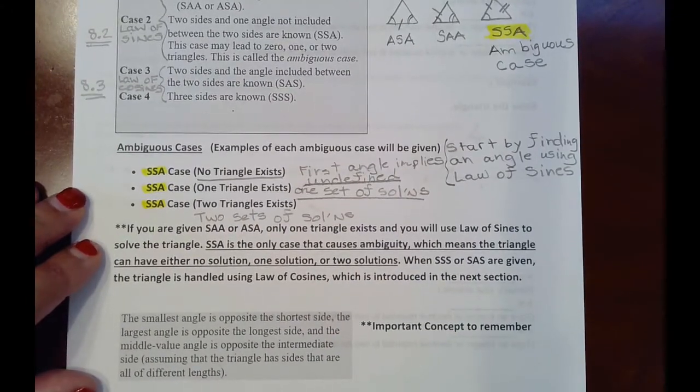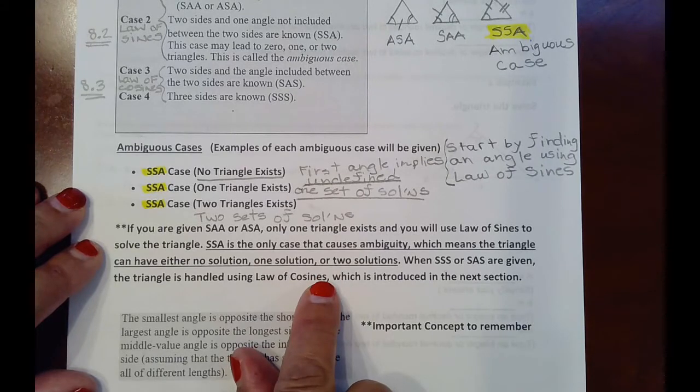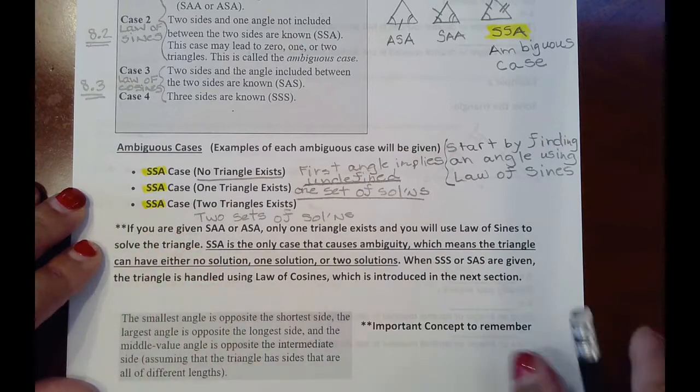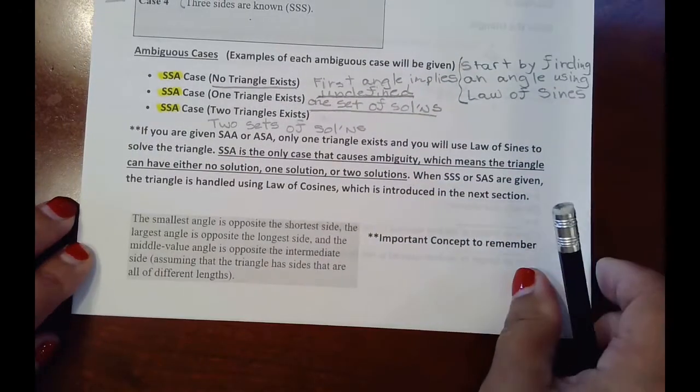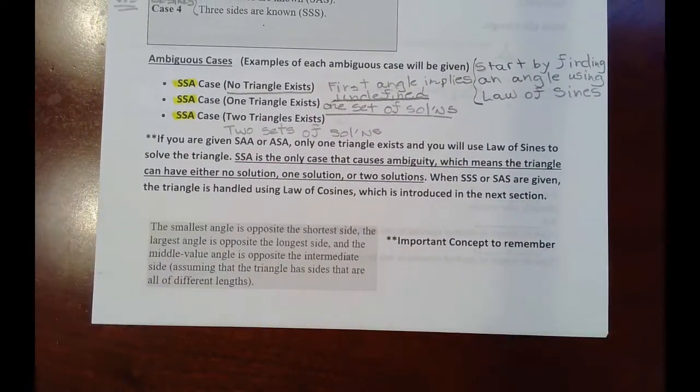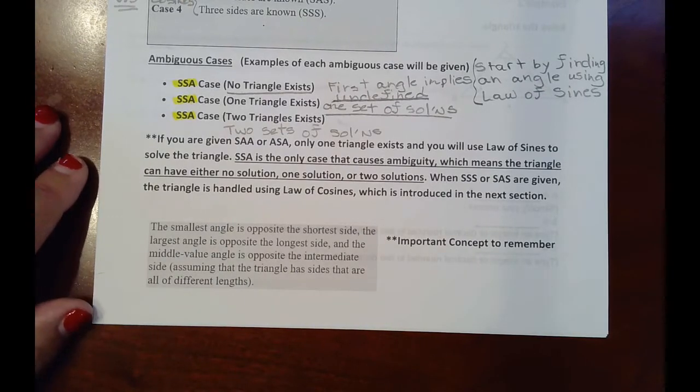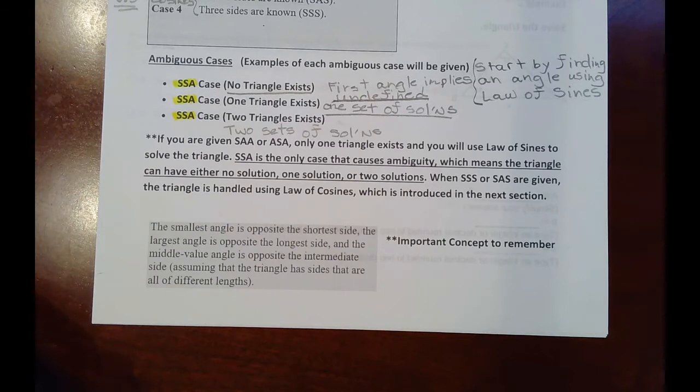So this is just what I said verbally about how the ambiguous cases can turn out one of three different ways. I want you to also know this property. It's a general property from your geometry courses when you were studying triangles, and that is that when all is said and done and you find all your angles and your sides, the smallest side, the side that is shortest, should be across from the smallest angle.